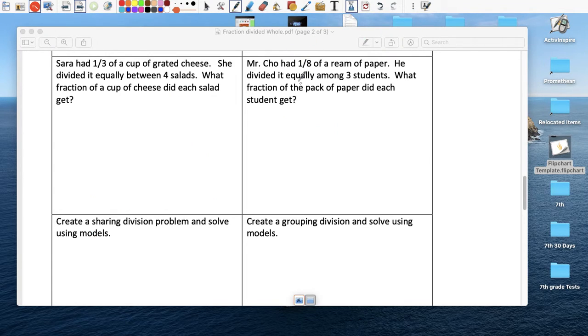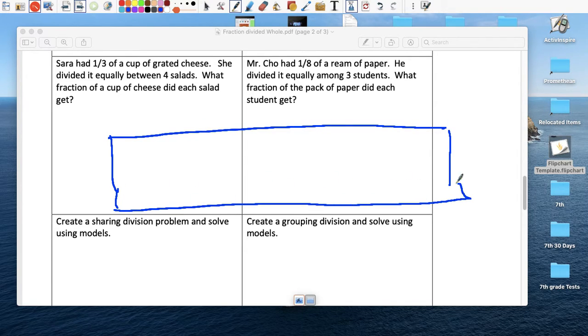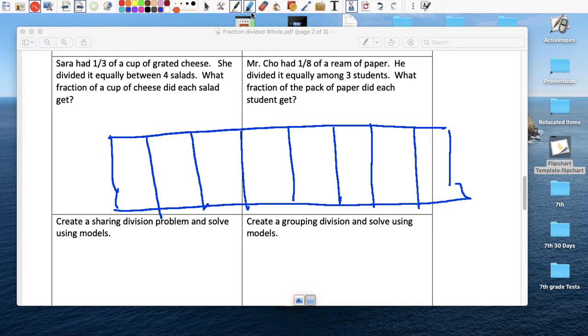Mr. Cho had 1/8 ream of paper. Let's do it this way. 1/8. I have this much paper.